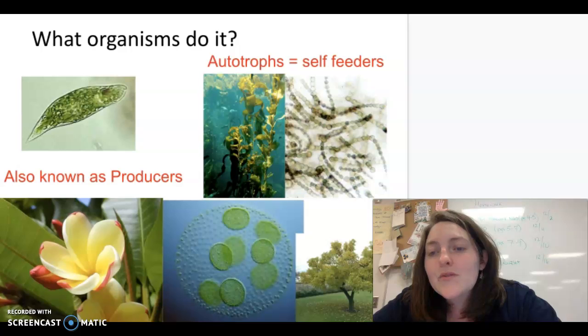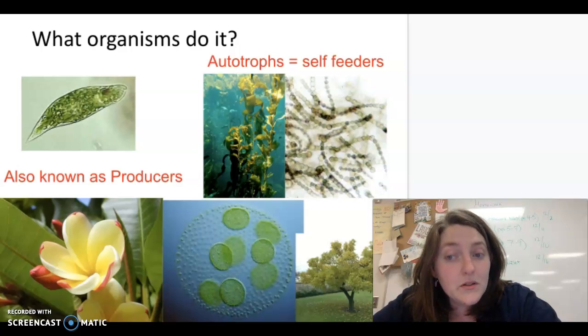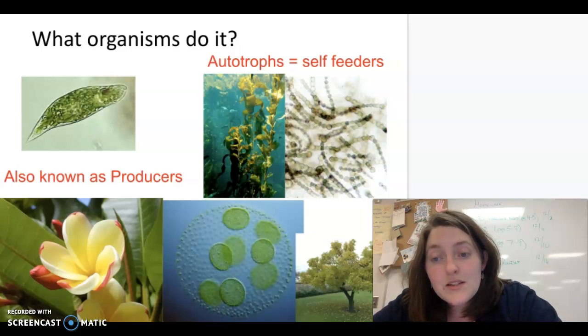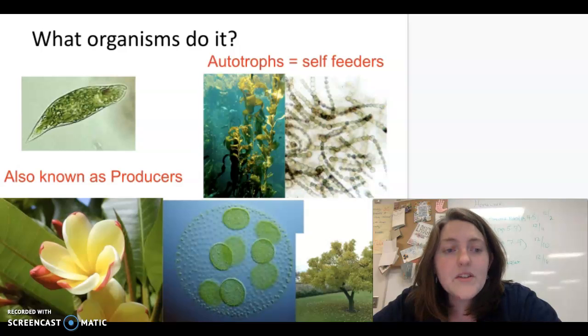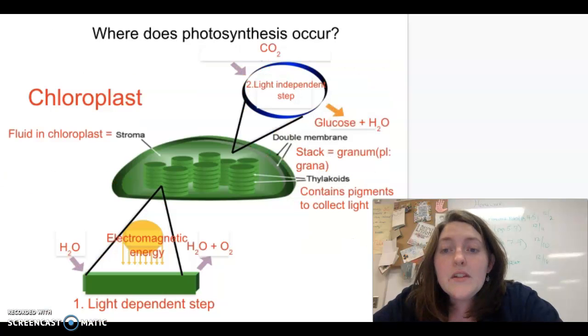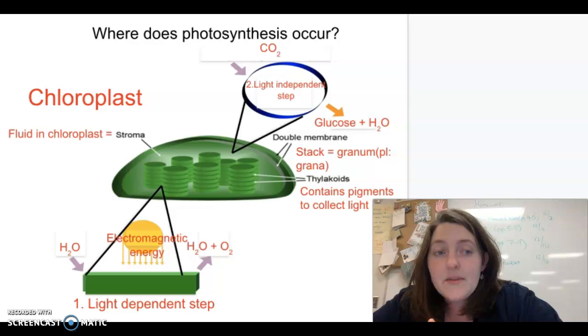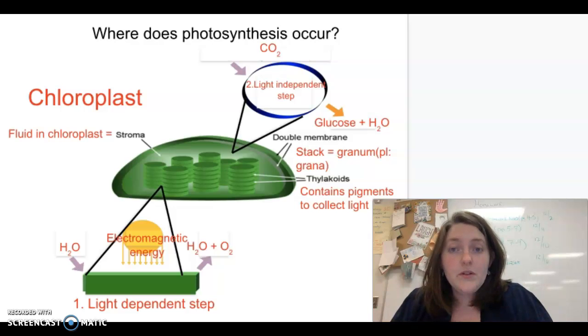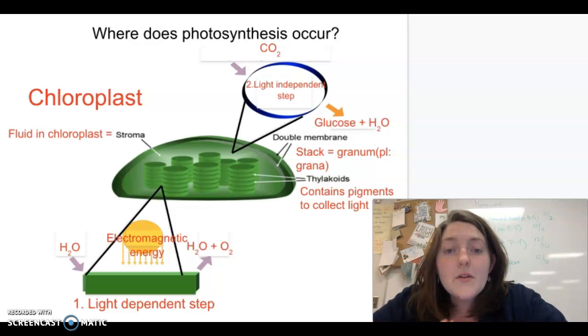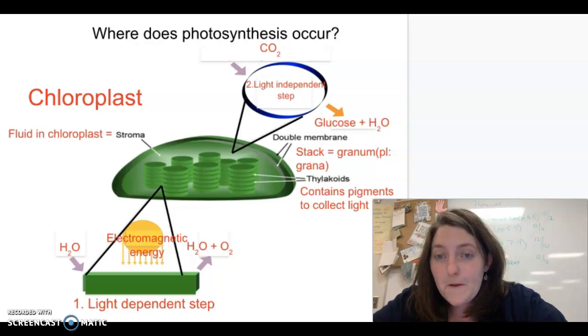Now, some autotrophs and producers do use chemicals to make their own food, like chemosynthesis, but we're focusing on photosynthesis for this process. So where does this occur? Well, this occurs in the chloroplast, and make sure you're filling all of this out as you go. The chloroplast is made up of a bunch of different parts.